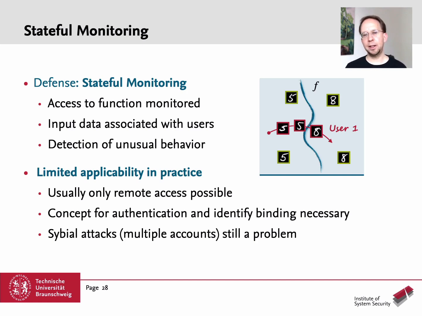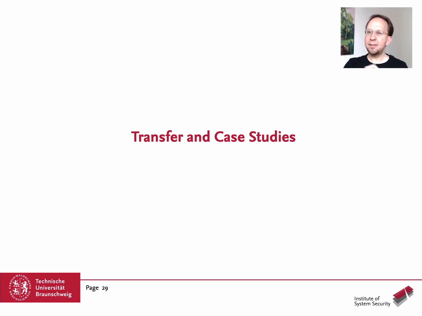And it requires authentication and binding of identities, which are challenges in their own right. And you can have Sybil attacks, where multiple accounts conduct the attack, and you as defender do not see these attack stages, even though you do stateful monitoring. But that's at least some defense.